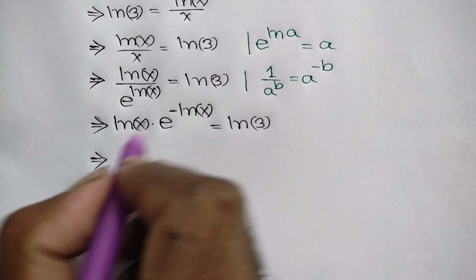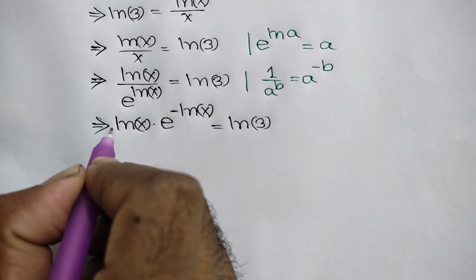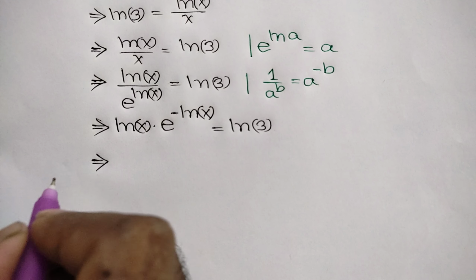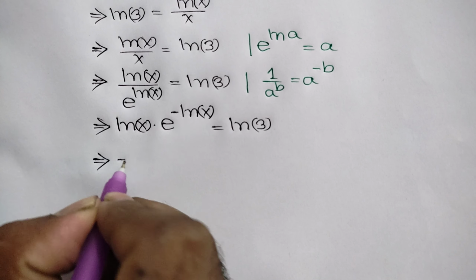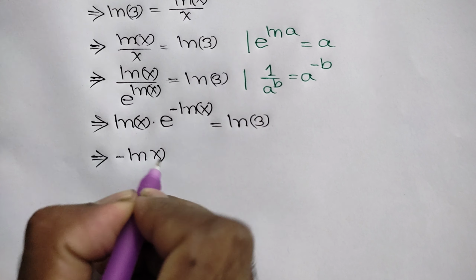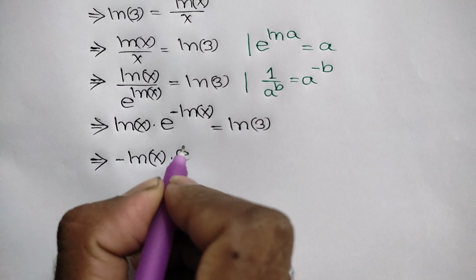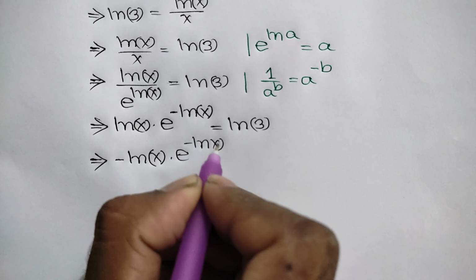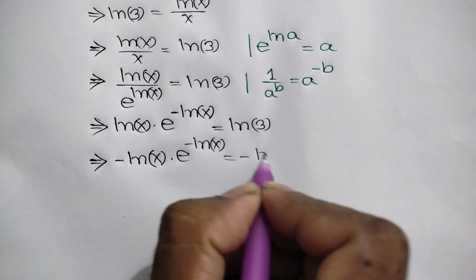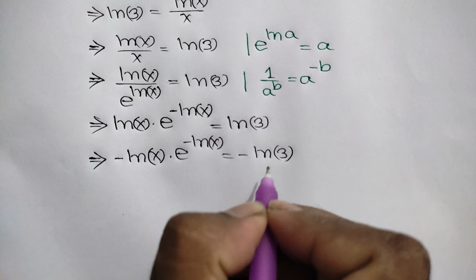Now multiplying both sides by negative 1, we can write negative ln of x times e to the power negative ln of x is equal to negative ln of 3.